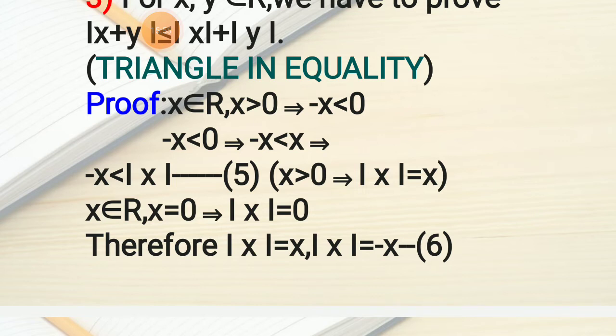But whenever x is positive, |x| equals x, so you replace x by |x|: minus x is less than |x|. This is the fifth equation. Whenever x belongs to R, x is equal to 0, |x| equals 0. Therefore, here |x| and x both are the same. Of course, |x| and minus x are also the same, because x is 0 means minus x is also 0.